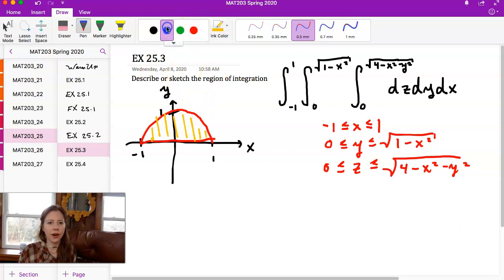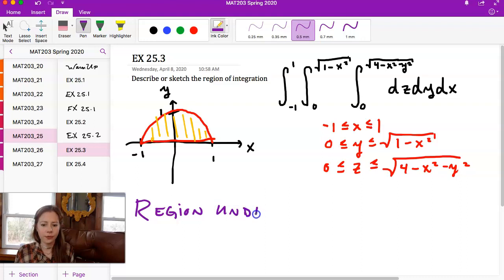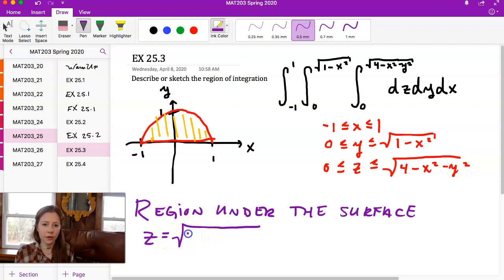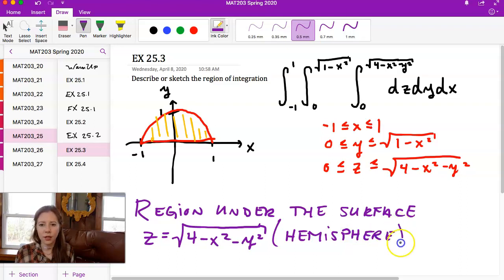So let's just write that out for our answer. So it's going to be the region under the surface z equals the square root of 4 minus x squared minus y squared, which is a hemisphere, and above the xy semicircle.